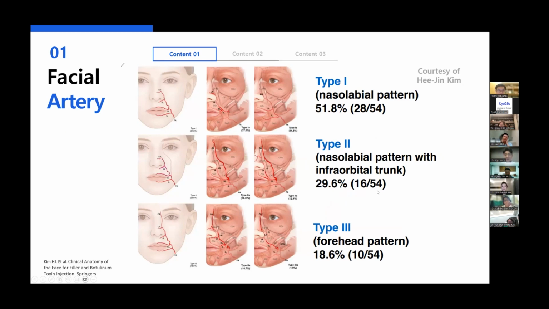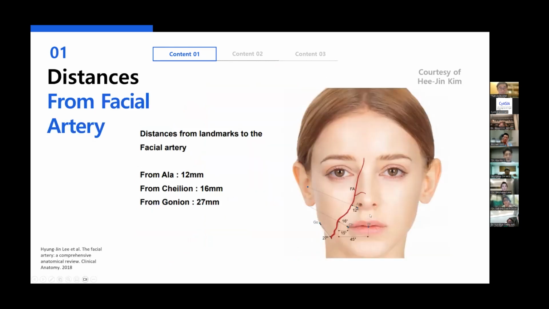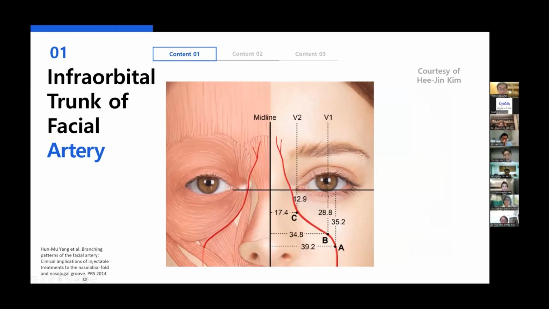This is like 50% of our population. This is the average facial distance from the prominent anatomical landmark. So this is a general pattern of the facial artery.